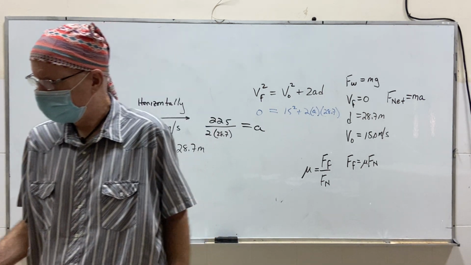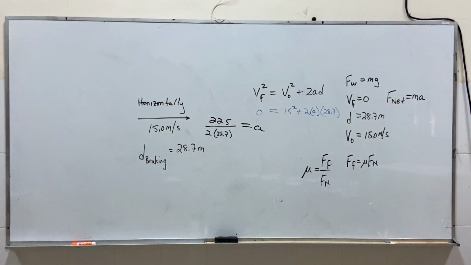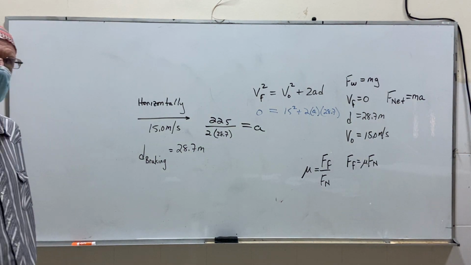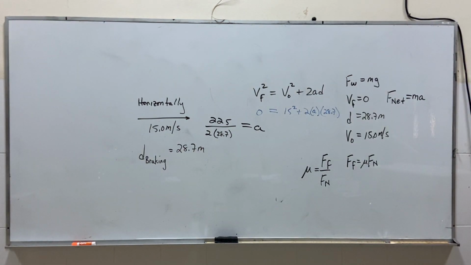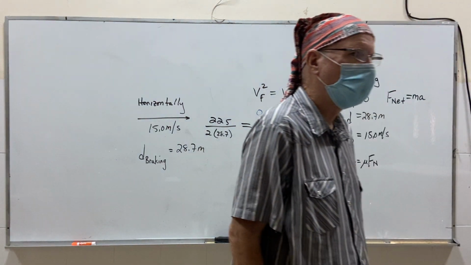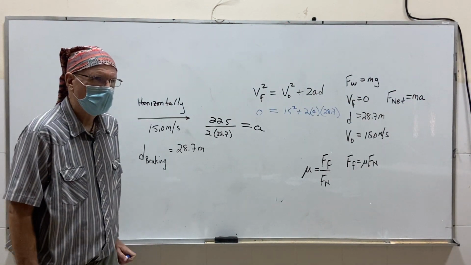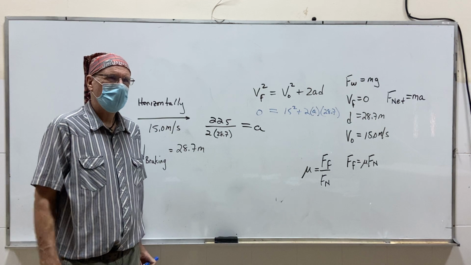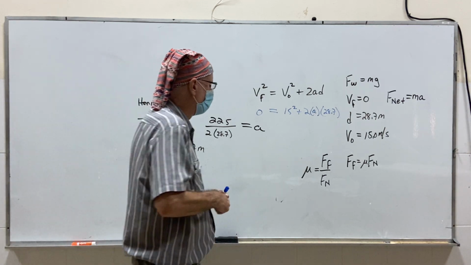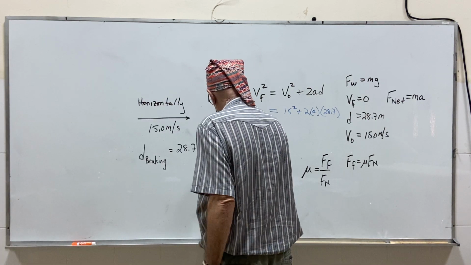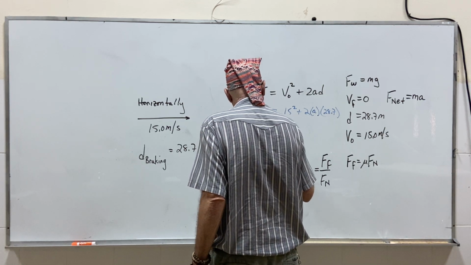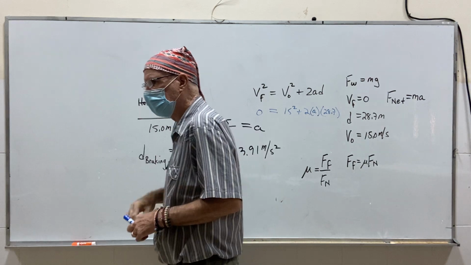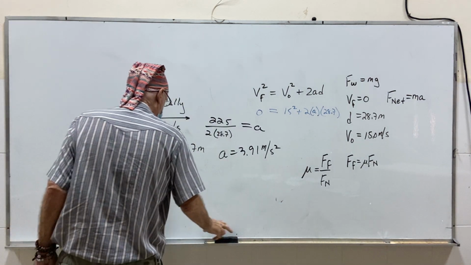You got 4.3? No. So A is 3.91, correct? Yes or no? Thank you.